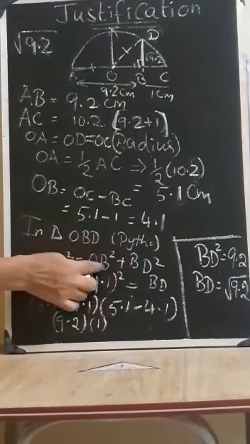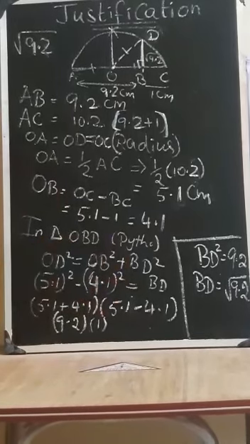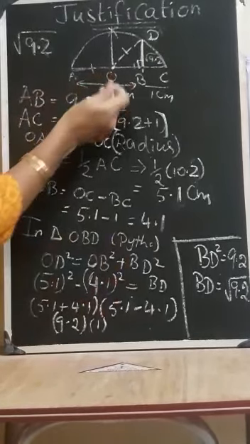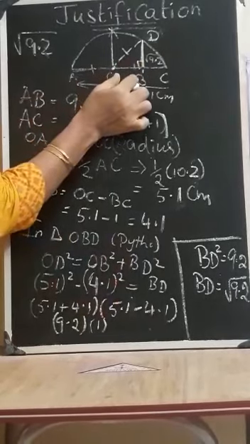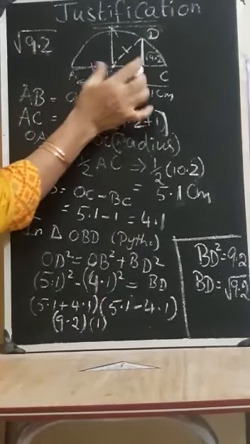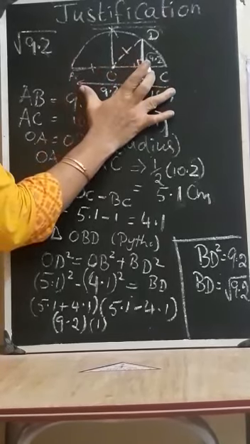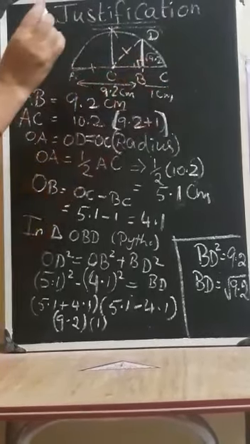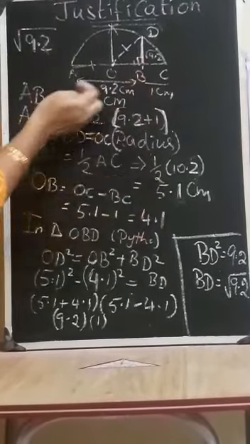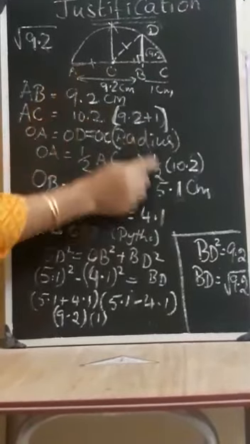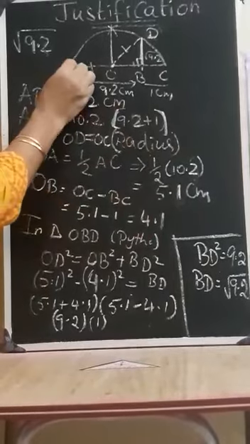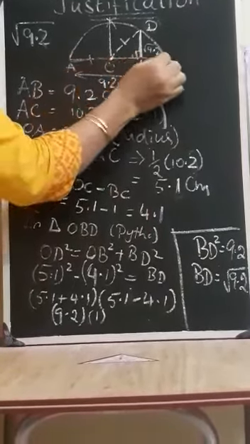Here I want OB. Where is OB? See, here is OB, right? I know AB is 9.2, AC is 10.2, right? Now here I have found OA is equal to 5.1. OA, OC are equal.